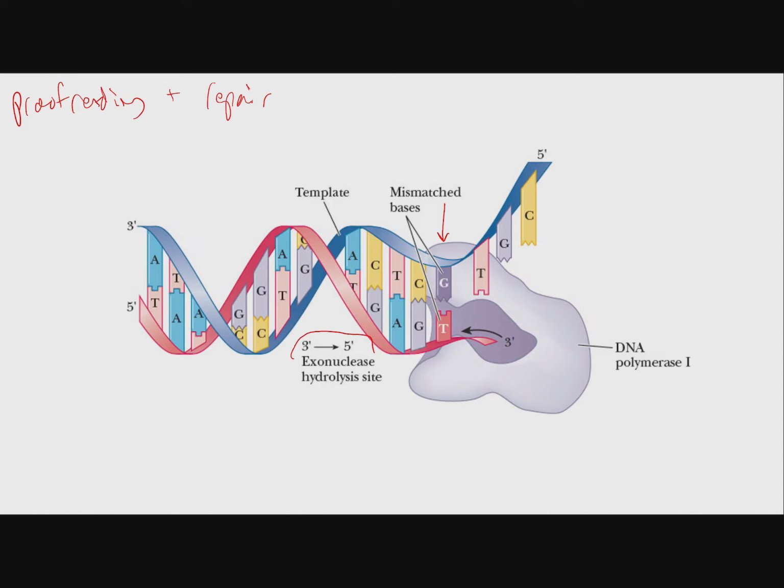DNA polymerases are usually, or at least polymerase 3, we know that it catalyzes the 5' to 3' direction. But this one also has 3' to 5' exonuclease activity, meaning it can go back and cut out the one that it just put in. So it can catalyze it in, and it can also cut it out. So that would be an example of that exonuclease activity.